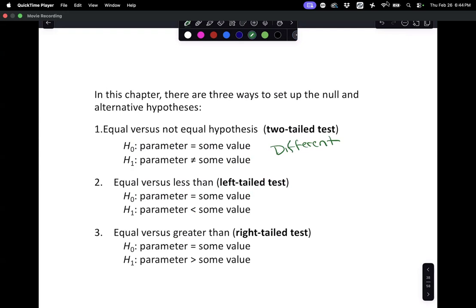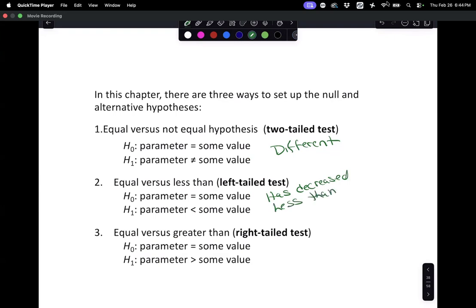So that is a two-tailed test because we're going to be looking in both tails. A left-tailed test is when we see something like has decreased or less than or anything like that.